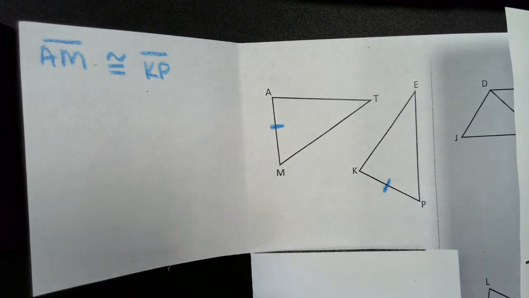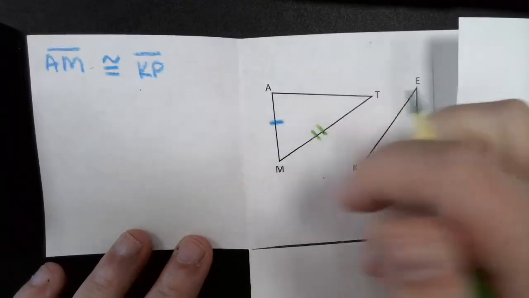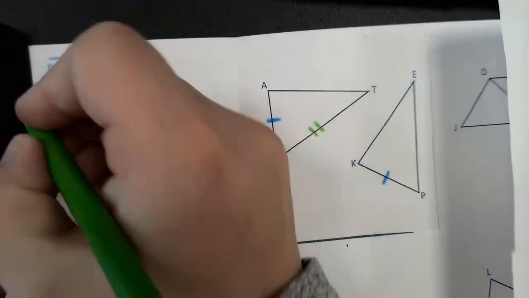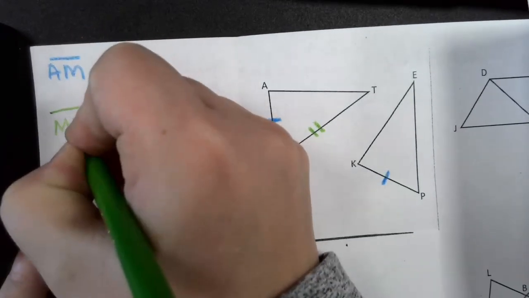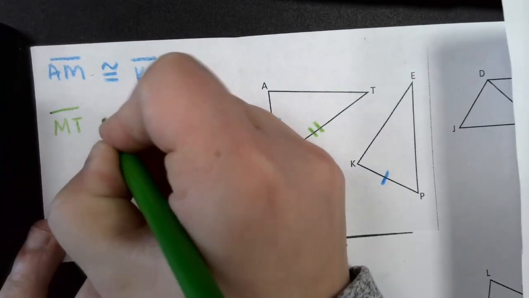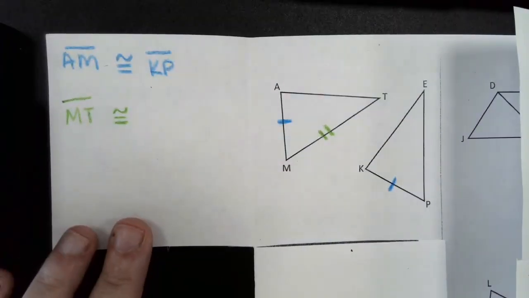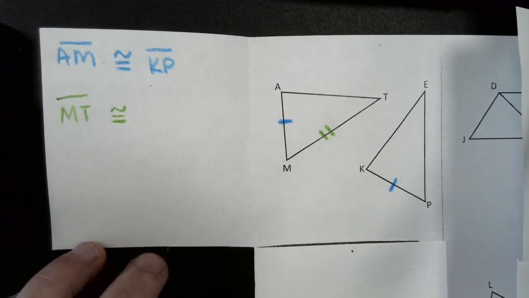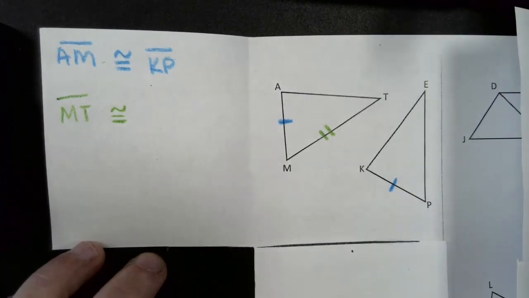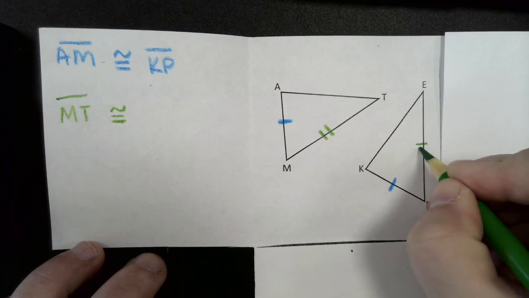Alright, and then we have MT. I'm going to do that 2 tick marks. Is going to be congruent to EP.